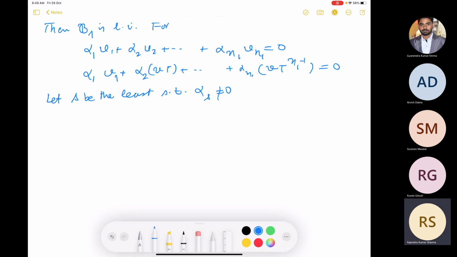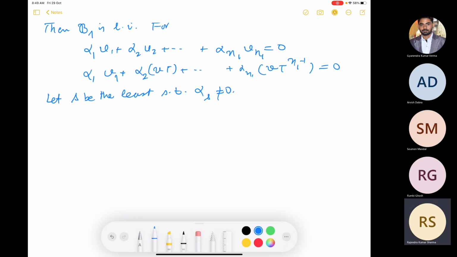See, if all the coefficients alpha 1, alpha 2, up to alpha n1 are 0, then we don't have to do anything. That's what we want, that all will be 0. So suppose s is the least such that alpha s is not 0.